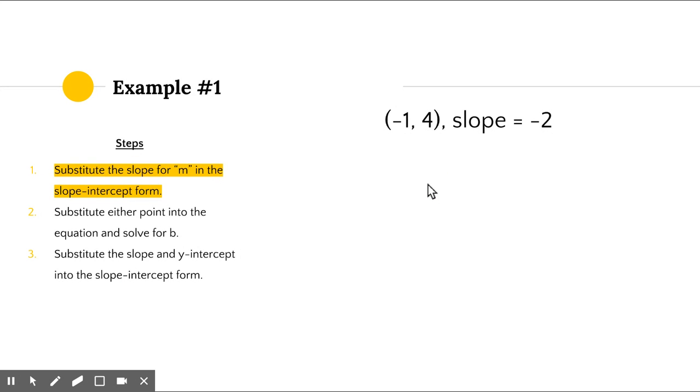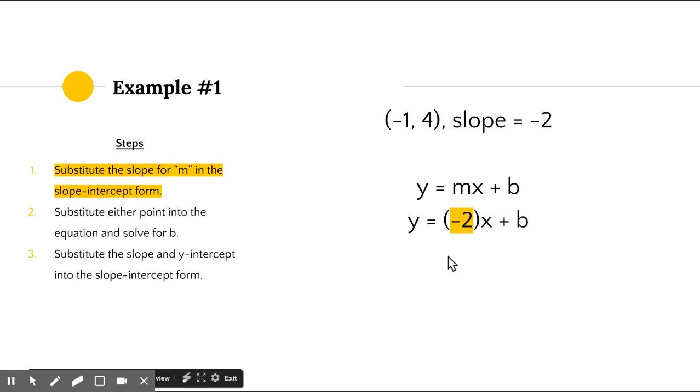So our first example has a point (-1, 4) and a slope of -2. Our first step says to simply put the slope into the equation. We have y = mx + b, and I'm going to put -2 into m. Now we have to figure out what b, our y-intercept, is.